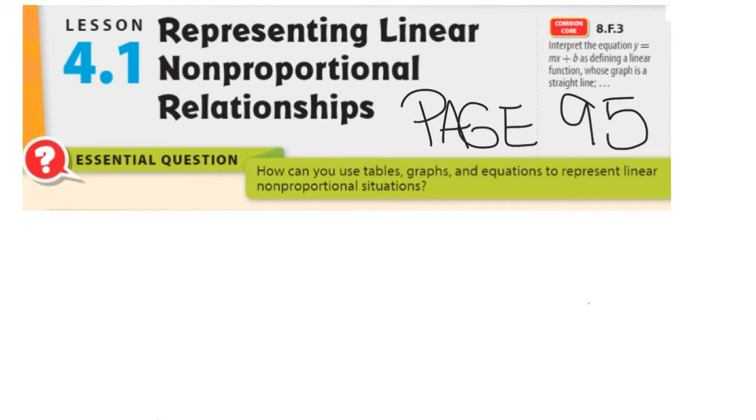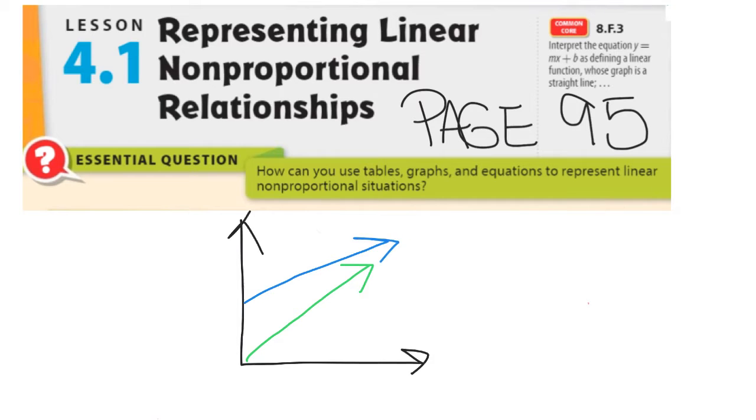Looking at a graph, in module 3, everything came through the origin. In module 4, all the lines will start someplace other than the origin. Any line on a coordinate plane that is non-proportional will never go through the origin. They'll always touch the y-axis some other place.